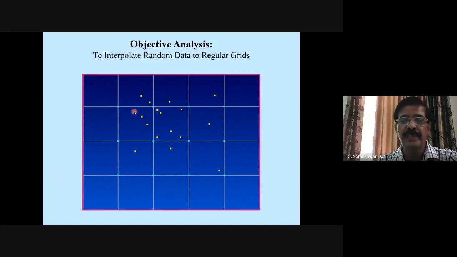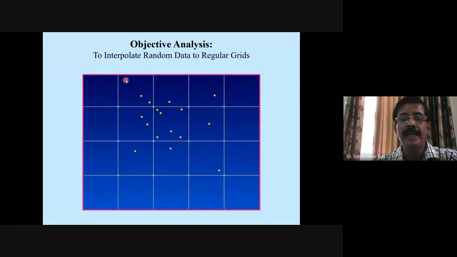So the first thing that we do before we can assimilate the data is, of course, after the quality control, that you have already studied, the CQC, etc., because the observations can contain all kinds of errors. So the errors have to be removed before we can assimilate them.